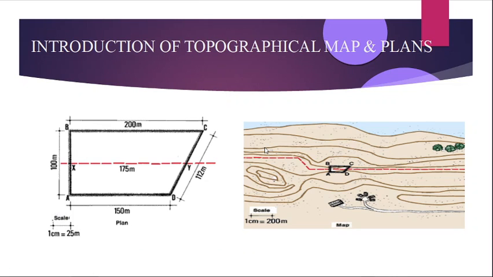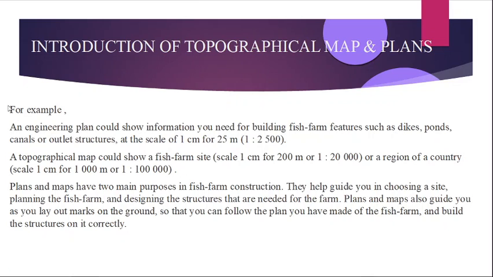Let's discuss introduction of topographical maps and plans. Here, these are the two figures. First figure is the plan and the second figure denotes the map. Now, for example, an engineering plan could show information you need for building fish farm features such as dikes, ponds, canals or outlet structures at the scale of 1 centimeter for 25 meter, that is RF equals 1:2500.